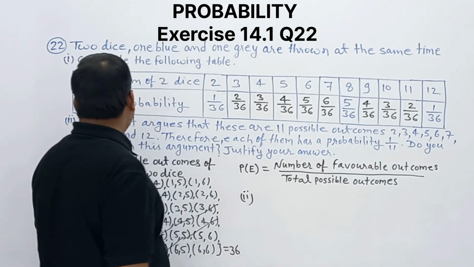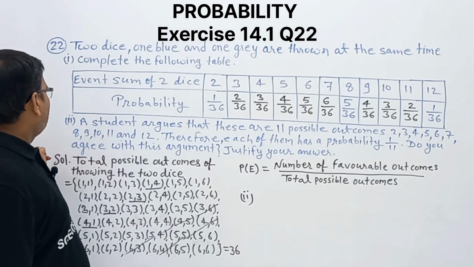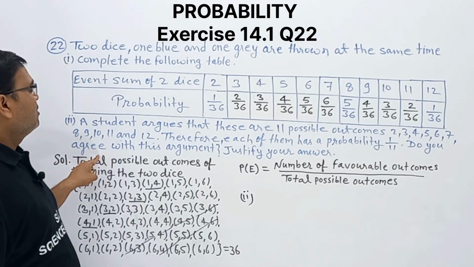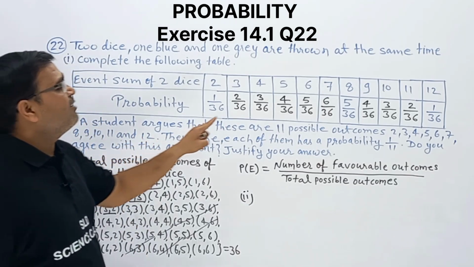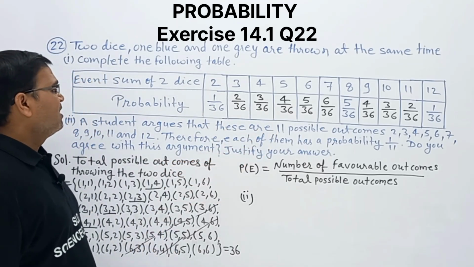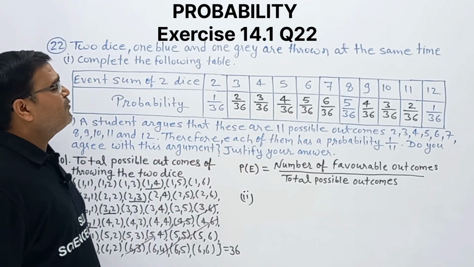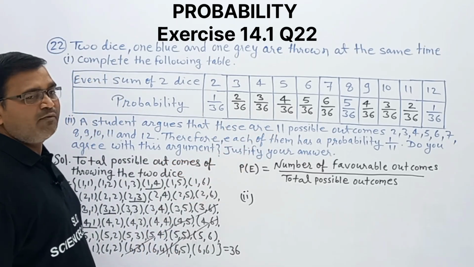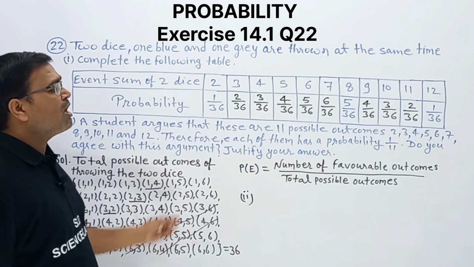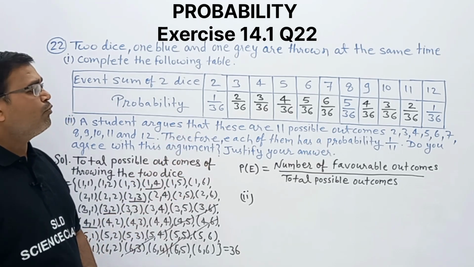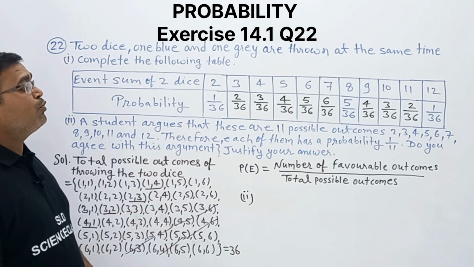What about the second one? Second one solution will be what? We are having 11 possible outcomes and each of them has a probability 1 upon 11. These outcomes are not what? Equally likely.